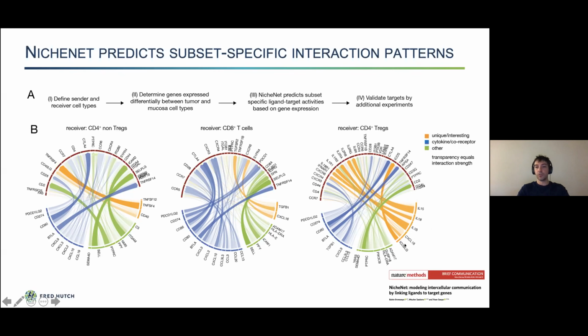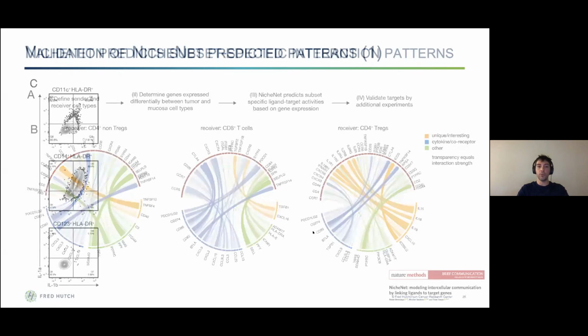ICOS ligand was probably not too surprising, and neither was IL-15 or IL-18, because it has been described in the literature that Tregs can sense IL-18 and IL-15, and that these two cytokines can play a role in either the stabilization of FOXP3 expression or a tissue repair program in Tregs. But we were pretty stunned when we saw IL-1 beta coming up, because that's traditionally a more pro-inflammatory cytokine thought to have a role on effector T cell populations.